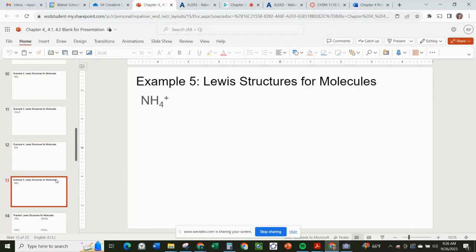The next one we are going to do is NH4+. So if we have a minus charge, we add an electron. If we have a plus charge, what do you think we do? We're going to take away an electron. If we have a cation, NH4 is ammonium.